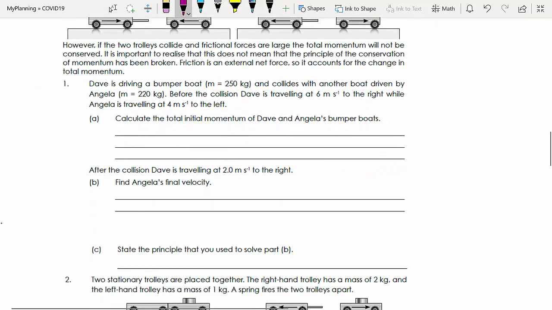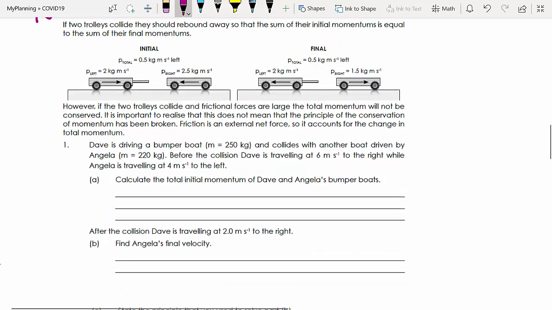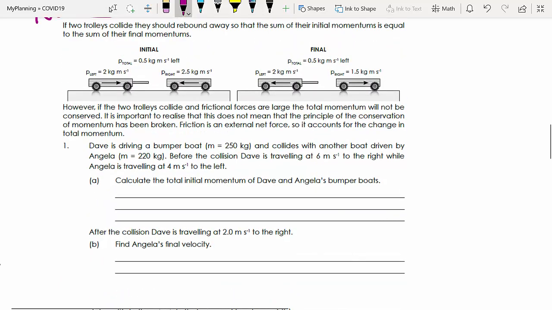So if we do question number 1, that'll all make a bit of sense. Dave is driving a bumper boat, and he collides with another bumper boat driven by Angela, so you could go M Dave and M Angela if you'd like to. Before the collision, Dave is traveling at V Dave, 6 to the right, while Angela is traveling at V Angela, 4 to the left.